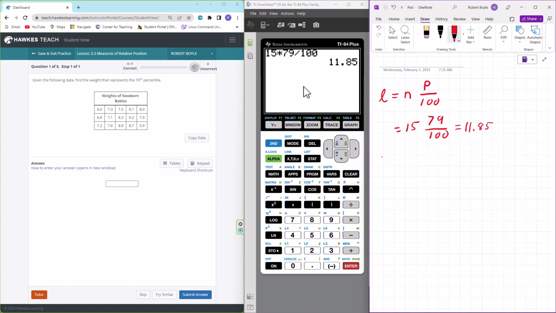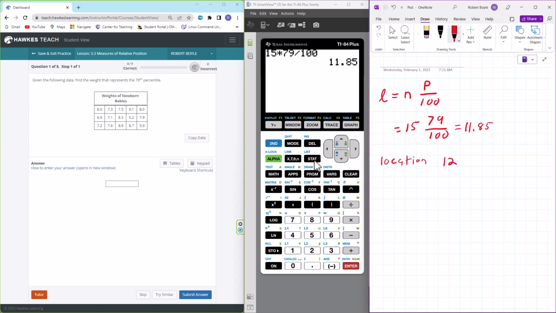So the location of the 79th percentile is going to be location 12 after the array is sorted. So the next thing we need to do is sort the array, and once we've done that, we can find the value at position 12.